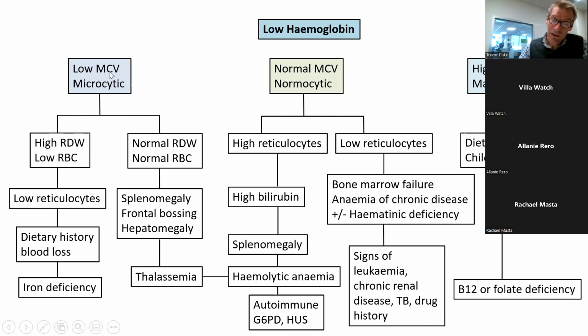Whereas if you have microcytosis and a normal RDW and normal red blood cell count, and the child might have some other clinical features of thalassaemia like splenomegaly or frontal bossing or hepatomegaly, then it's likely the child's got thalassaemia. Now, of course, we'd like to do a hemoglobin electrophoresis, but mostly you can establish a diagnosis of thalassaemia on clinical grounds, or you can establish a diagnosis of iron deficiency on clinical grounds.